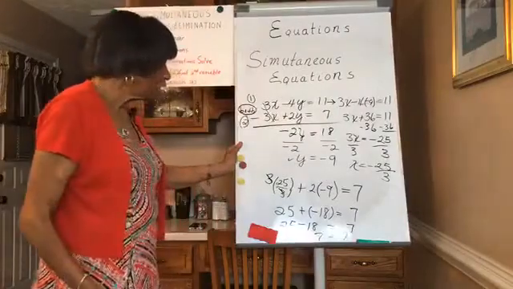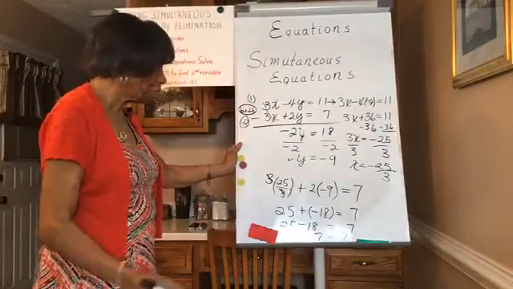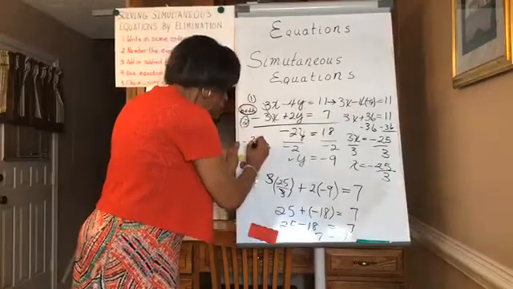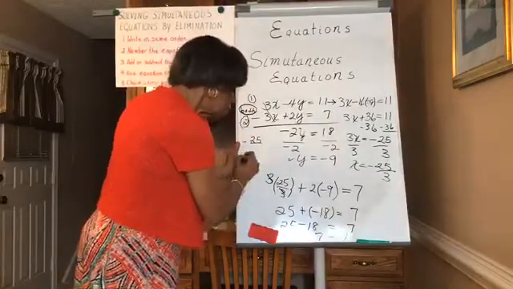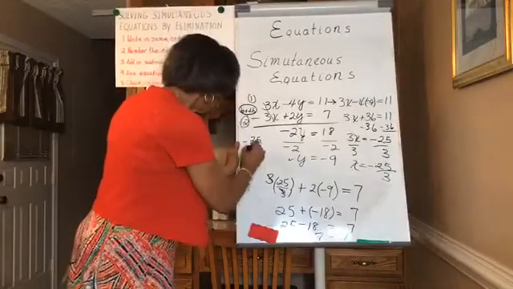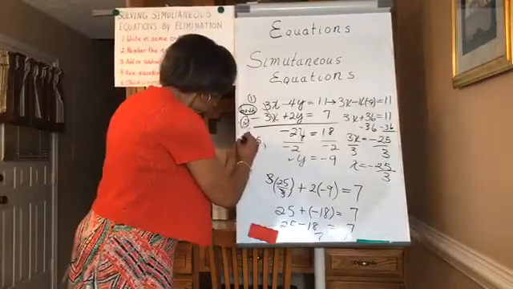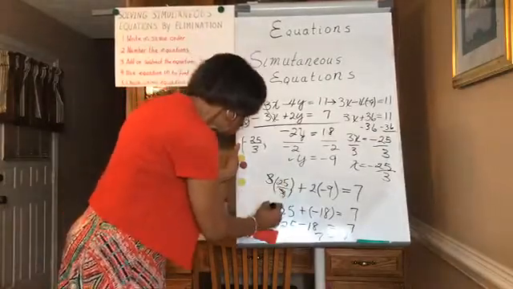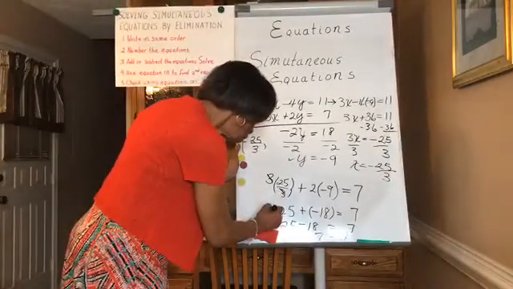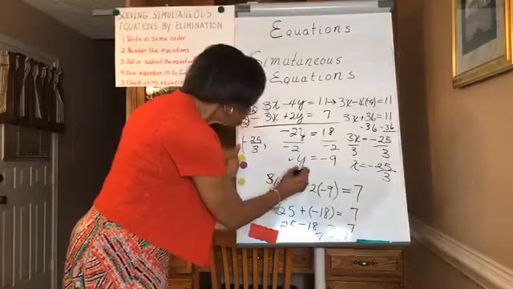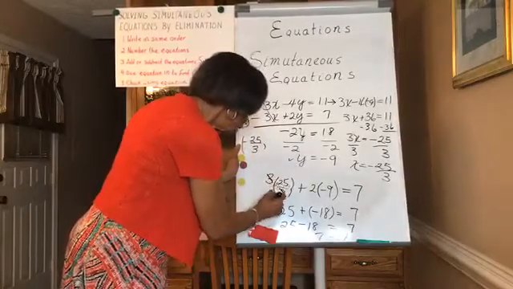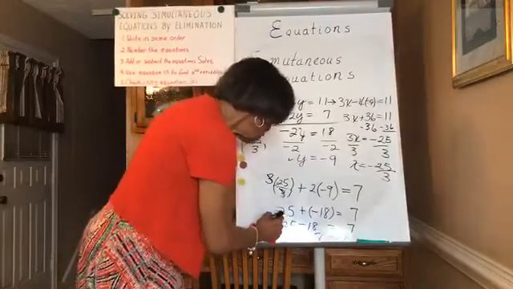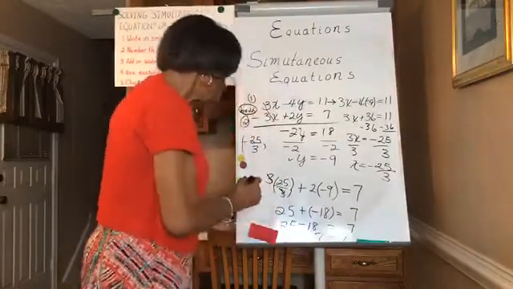All right, so how do we express the answer to this problem? X is negative 25 thirds. Let's see, did I do negative here? Let's see, have we got a mistake somewhere here?